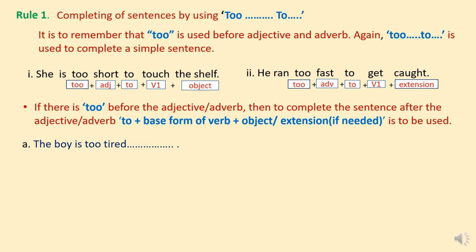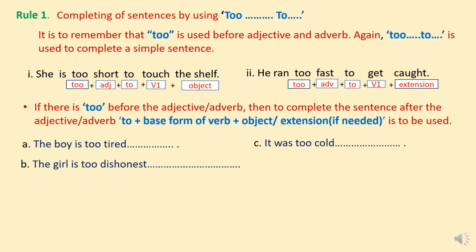Like this, let us have some more examples. The girl is too dishonest. Then it was too cold. Another one, he works too slowly.